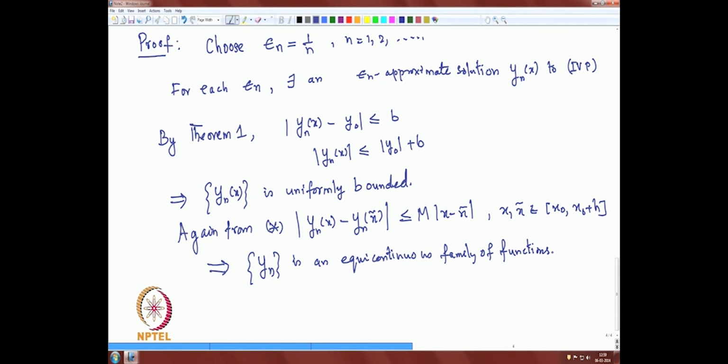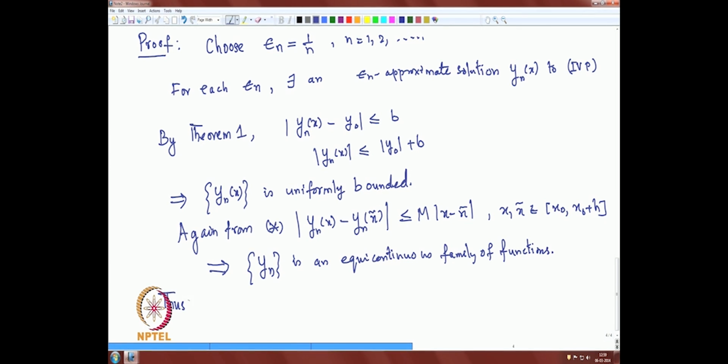So, therefore, the epsilon n approximate solutions, which are denoted by yn, are uniformly bounded and equicontinuous. Now, we invoke the Arzelà-Ascoli theorem. We here make use of the Arzelà-Ascoli theorem.